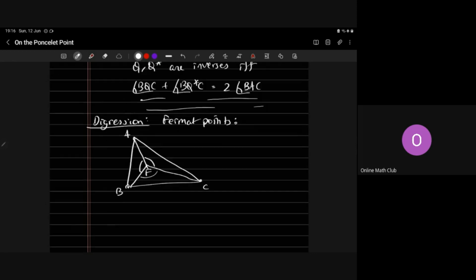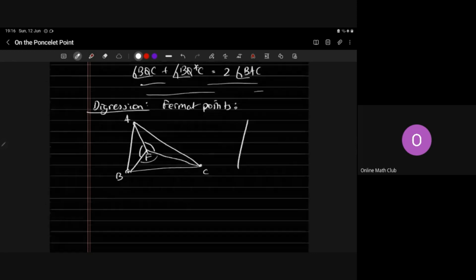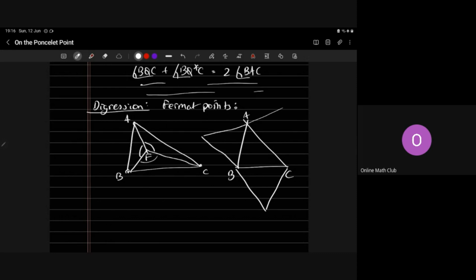So maybe I'll define it properly. ABC is a triangle. You can erect equilateral triangles outside, say call them DEF.